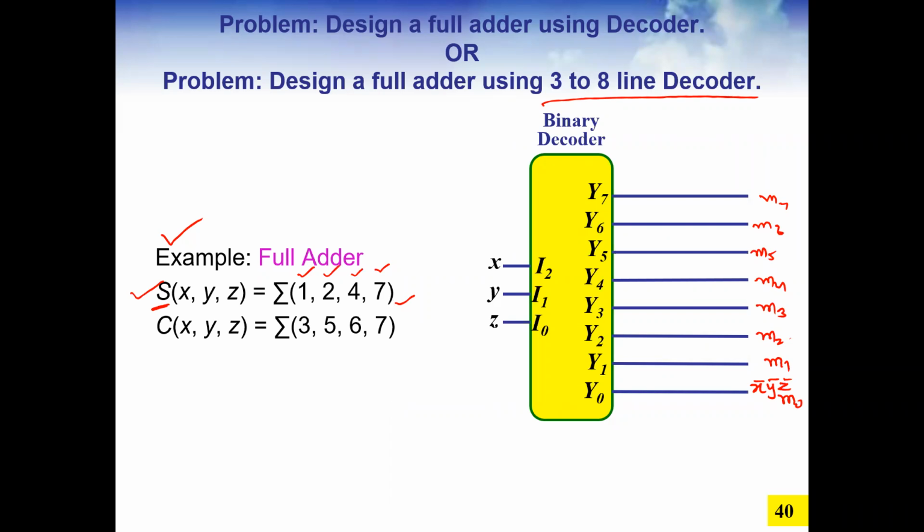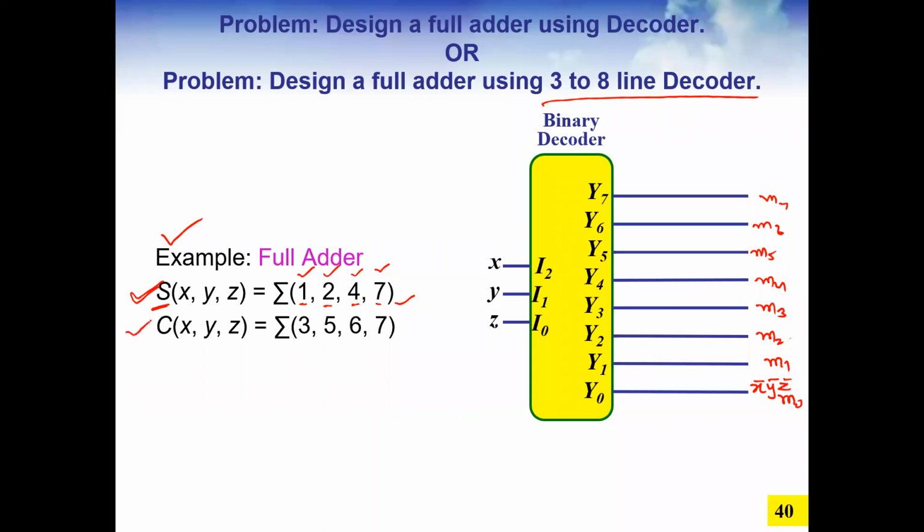Do you agree with this point? Yes. You have seen the truth table. In that truth table, the S value is high 4 times. It means that if the input is 1 or 2 or 4 or 7, which logic is there? OR. Output S will be 1.